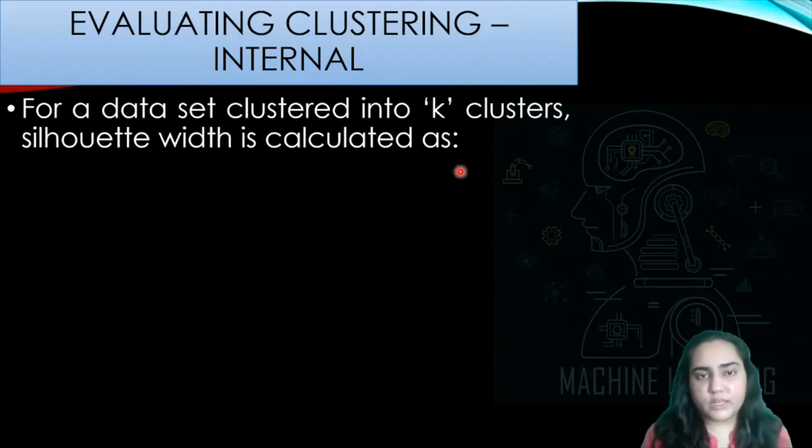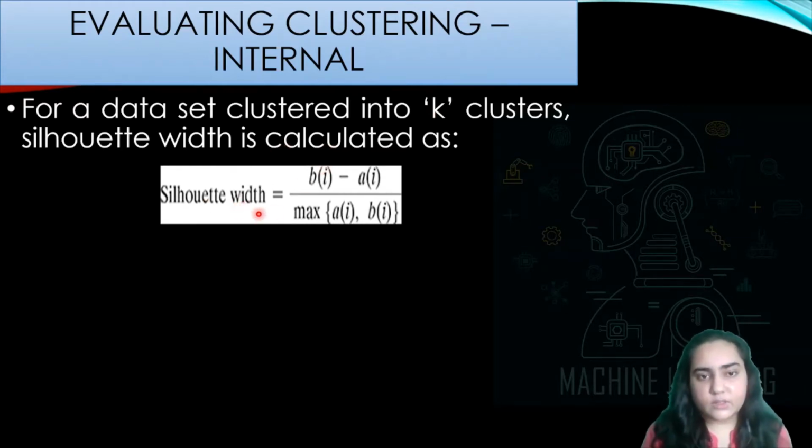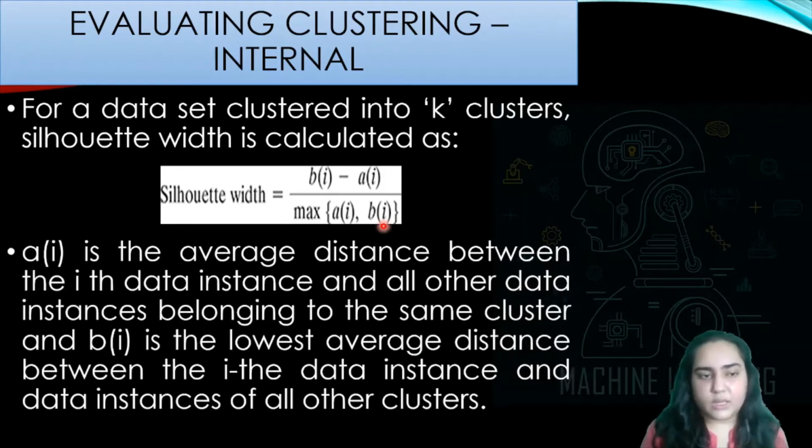So for a data set that is clustered into k different clusters, where k is the number of clusters, how can you calculate the silhouette width? You can calculate it like this. The silhouette width is equal to bi minus ai upon the maximum of ai and bi. And here, what are bi and ai? ai is the average distance between the ith data instance and all other data instances belonging to the same cluster. Consider A as one cluster.